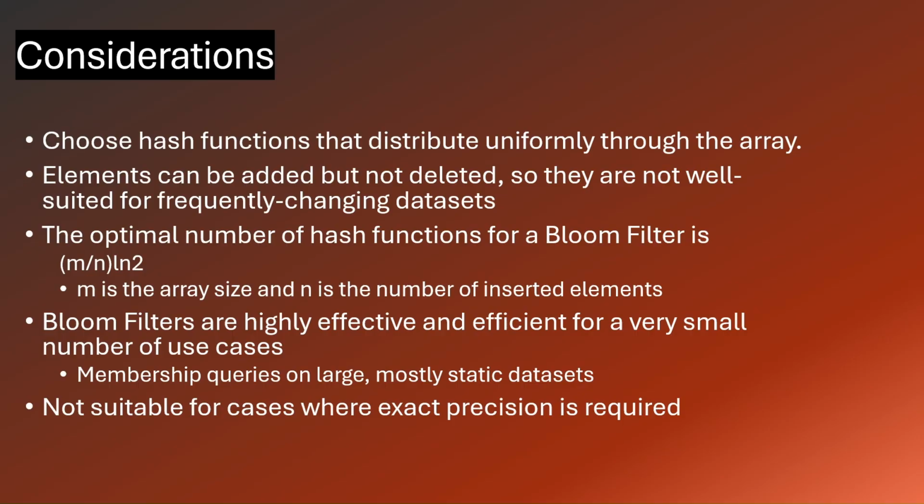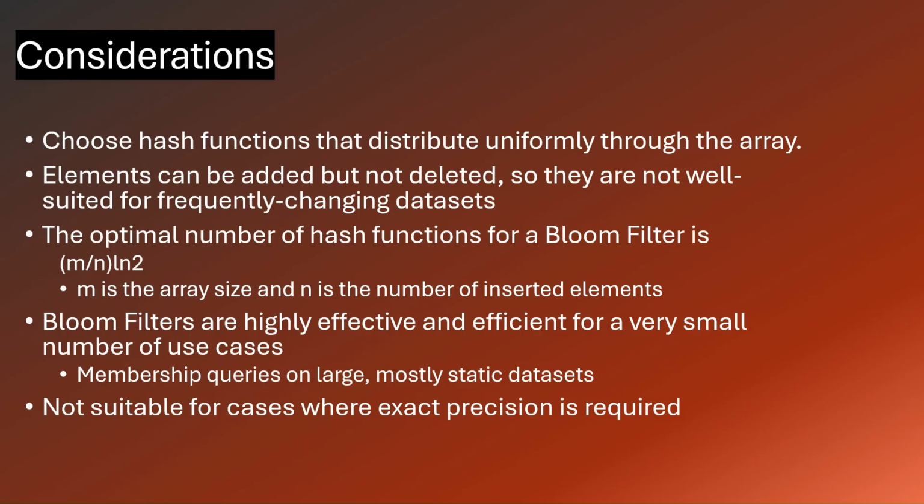So considerations for whether or not a Bloom filter is the correct data structure to use for your application. You have to choose hash functions that distribute uniformly throughout the array, such as murmur hash, which is a very good one for this. You can't have clumping near the start or the end. That can throw off the false positive rate.